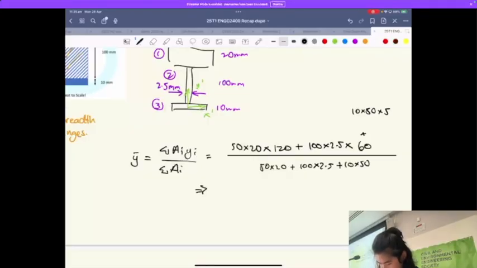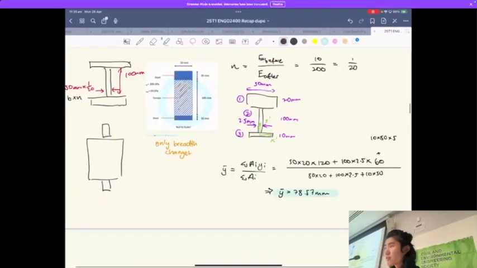You should get something that looks like this: 78.57. So that's just finding the y-centroid.